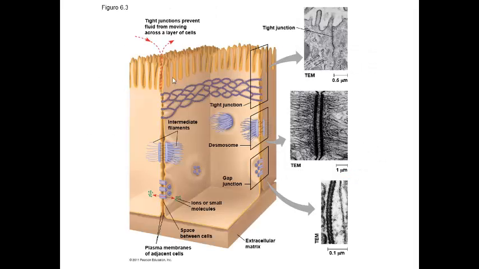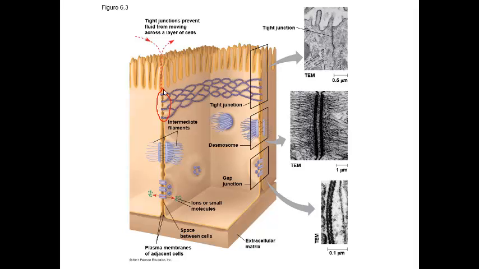With animal cells, we're going to see three different types of junctions. The first junction that you see here on the top is a tight junction. They are like tiny spot welds, and they hold cells together very tightly. They stop things from being able to leak in between cells.